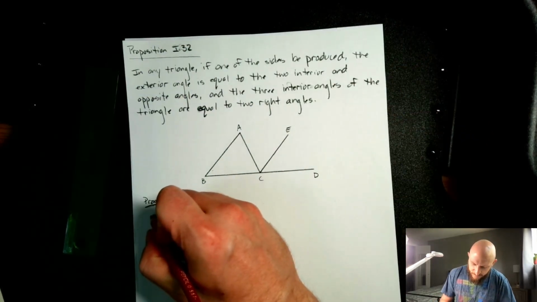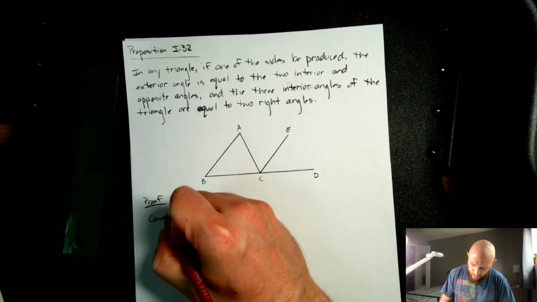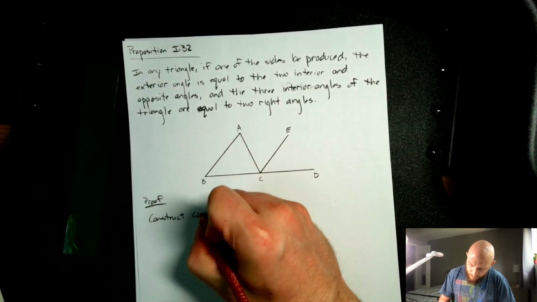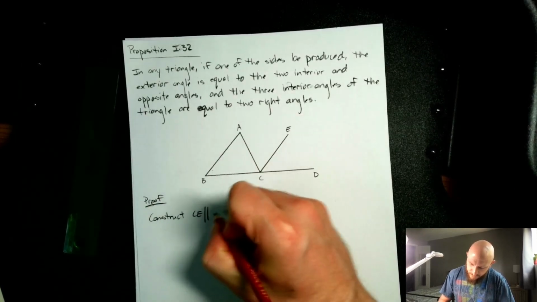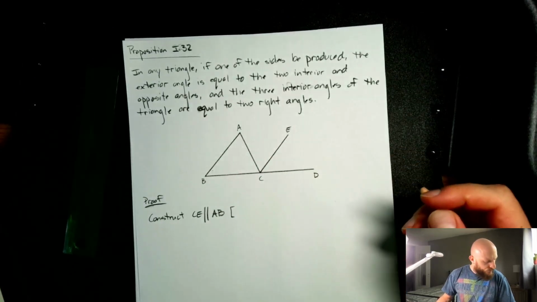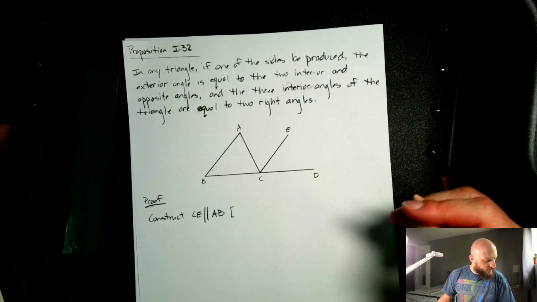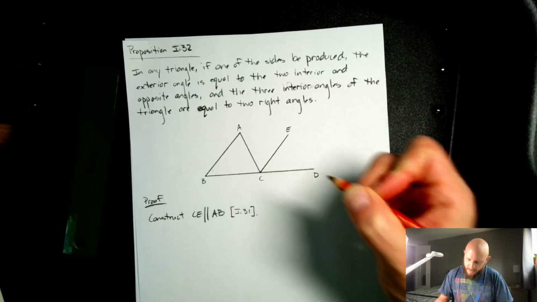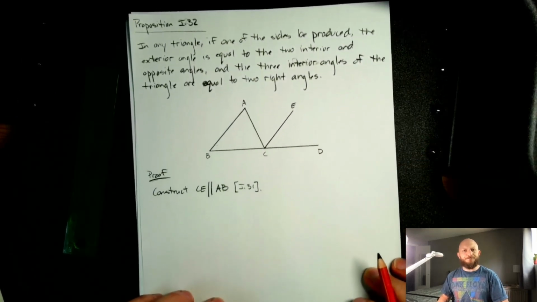So I'll say first construct CE parallel to AB. And we just got done doing that. That was Prop 31 that allows us to make parallel lines now.